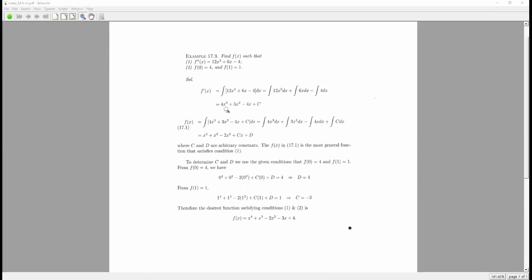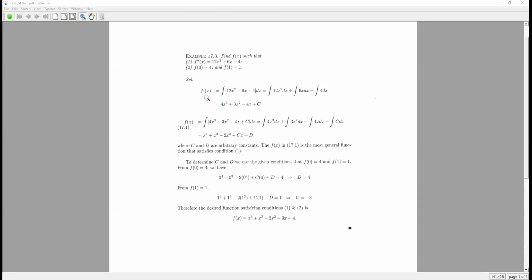Take the derivative of this, then we get 12x squared. 6x antiderivative is 3x squared. Constant 4 antiderivative is 4x. Then add an arbitrary constant c. This is all the possible first derivatives that satisfy condition 1.